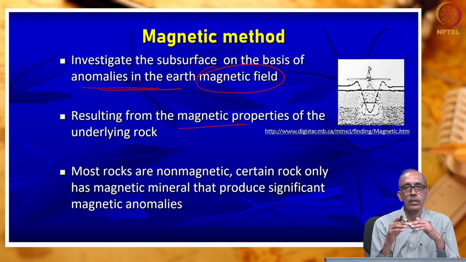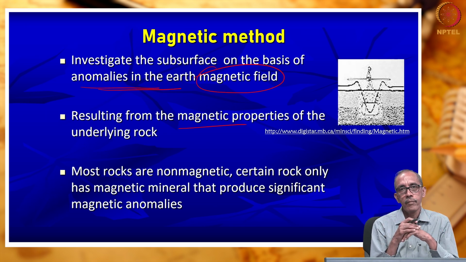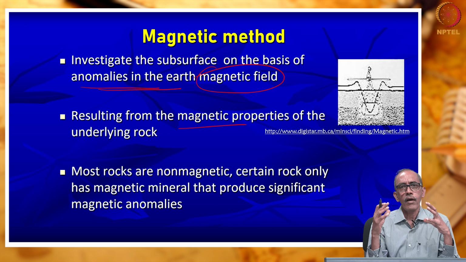Suppose the rocks below the surface of the earth where you are measuring the Earth's magnetic field have a lot of metals which are capable of being magnetized, right? For example, magnetite is one of the naturally occurring minerals which will function like a magnet.